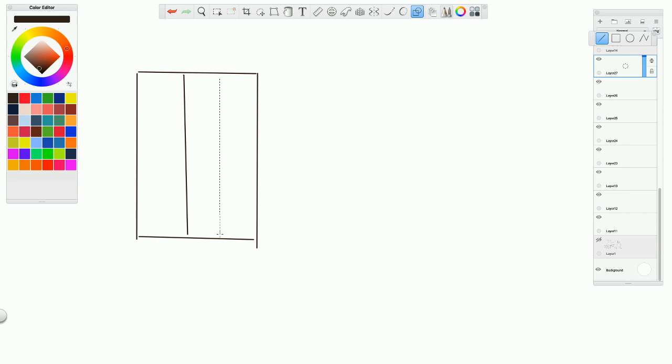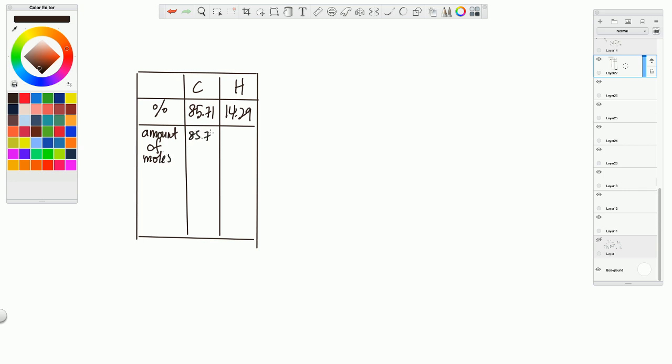Okay. So, carbon, hydrogen. So first let's find percentage. It's given 85.71 and 14.29. Then you calculate here amount of moles. So you divide by the molar mass.